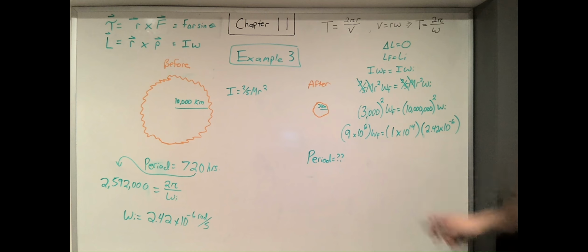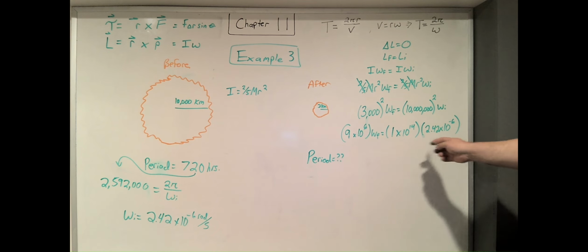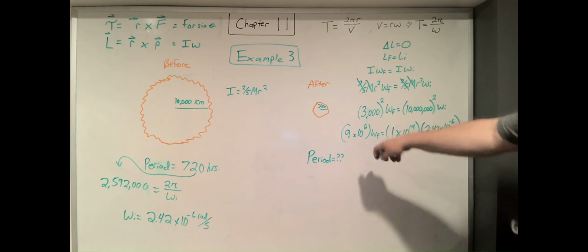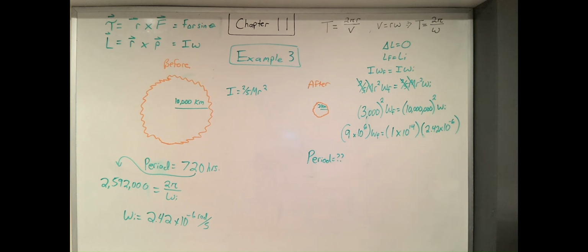So we're getting omega I from over there, and these ones we're getting in. The only thing that we have left to solve for is omega F. So let's multiply these out and solve for omega F. On this side of the equation, I'm going to get 2,420,000,000, and then I need to divide by that large number of 9 times 10 to the 6th.